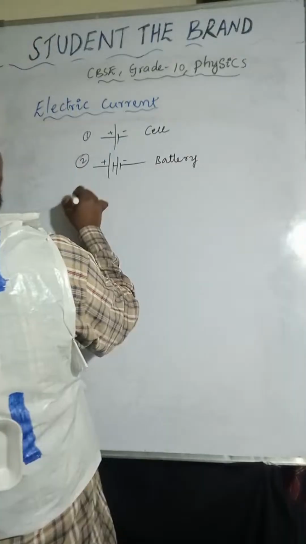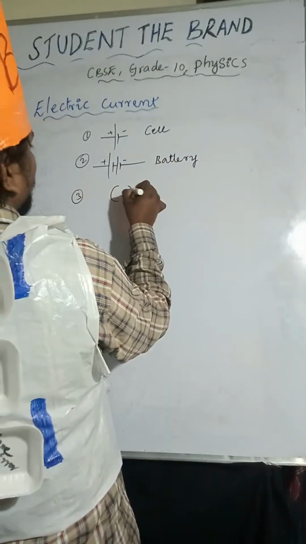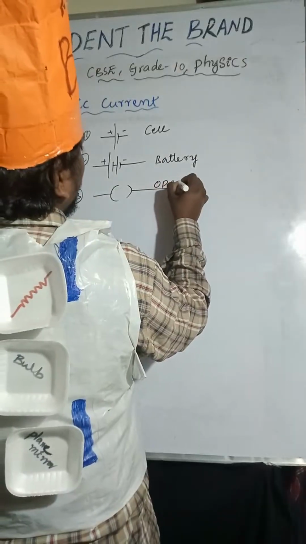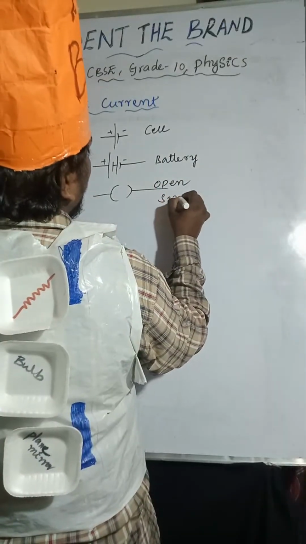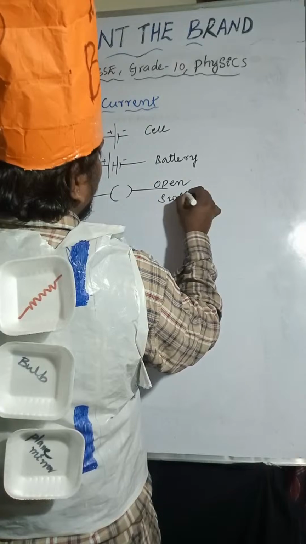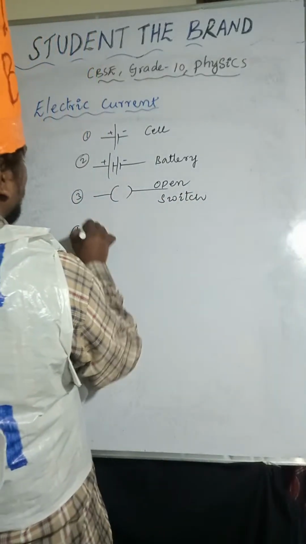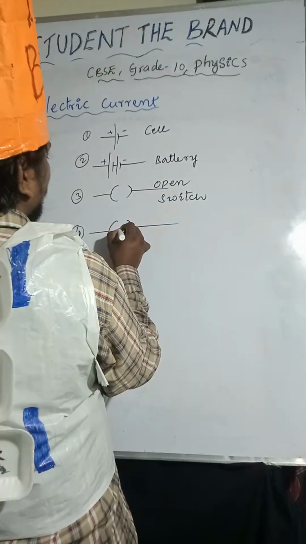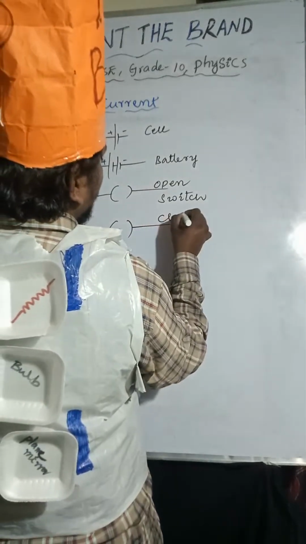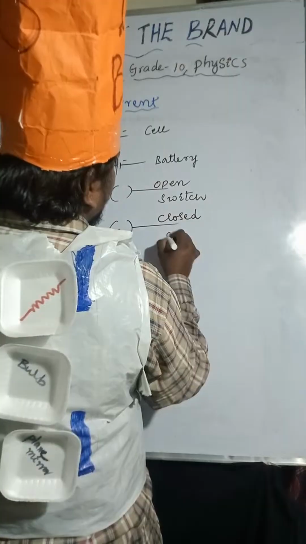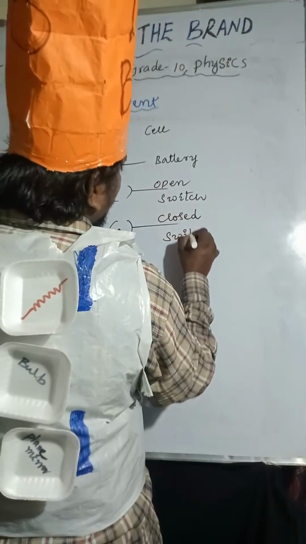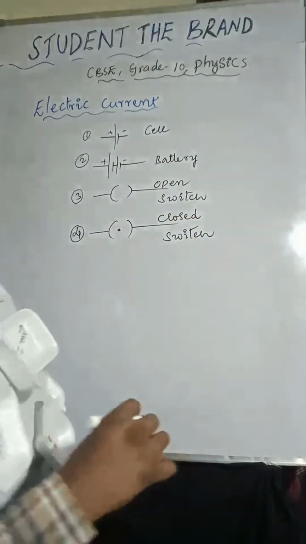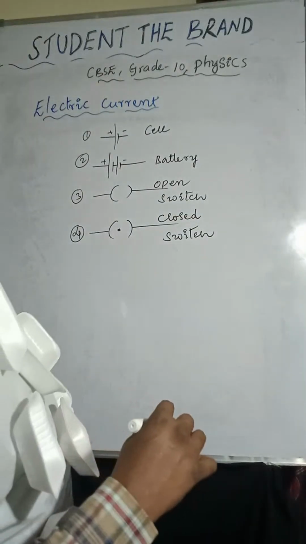And the third one, switch. So open switch, and next one, closed switch. Cell, battery, open switch, closed switch.